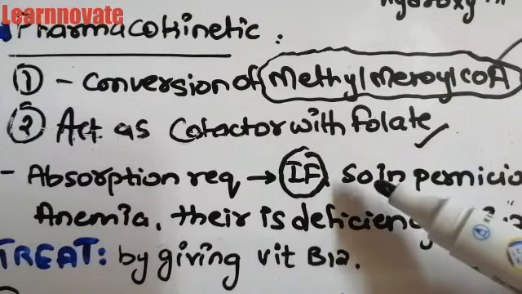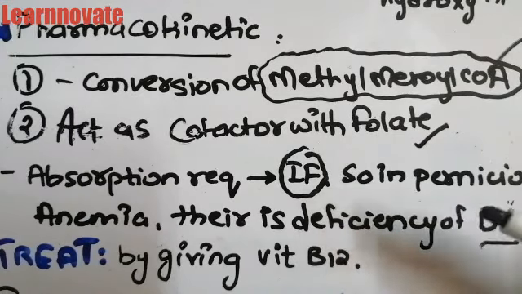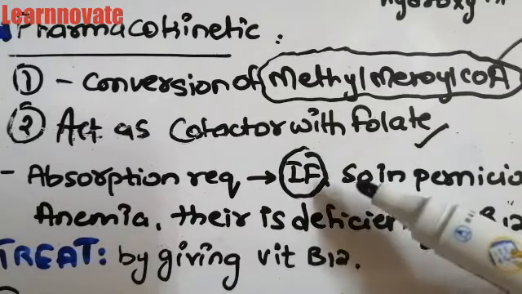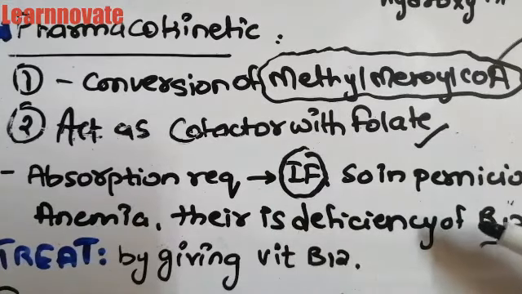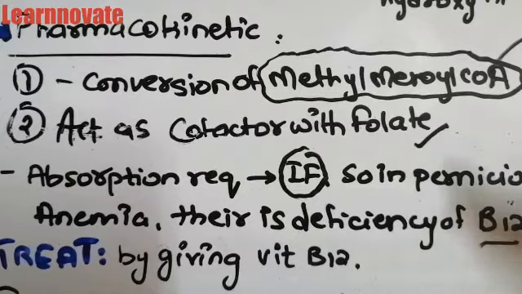Because there is a deficiency of intrinsic factor, either due to gastrectomy, any surgery, or any disease of the stomach, such as celiac disease, that damages the walls of the stomach and washes the intrinsic factor out. Because intrinsic factor is important for the absorption of vitamin B12, there will be a combined deficiency of vitamin B12 as well. So in this type of anemia, the deficiency is of vitamin B12.